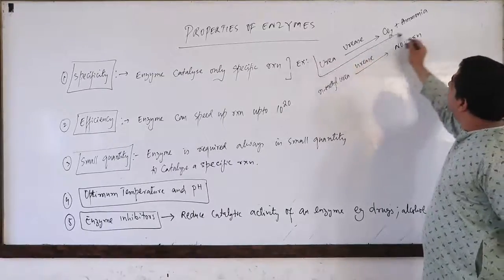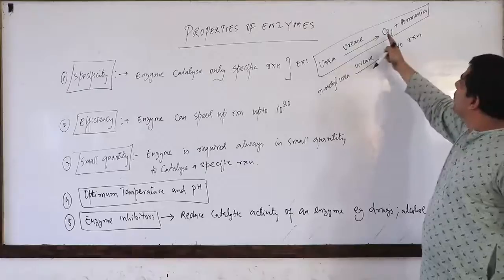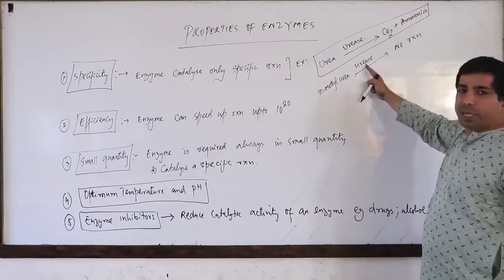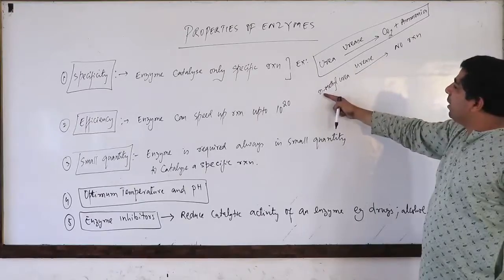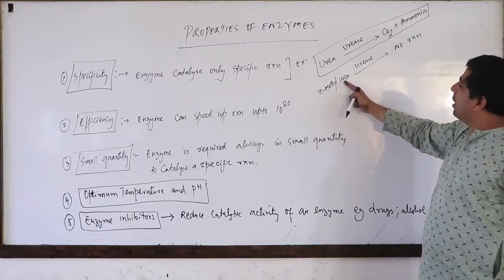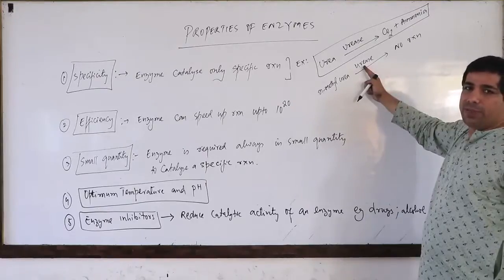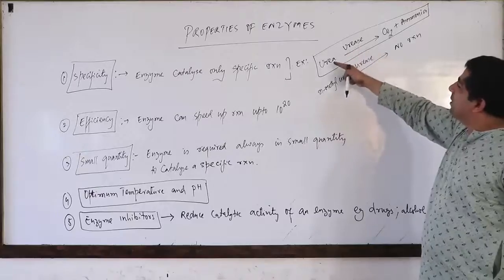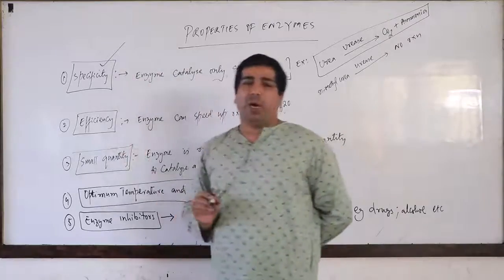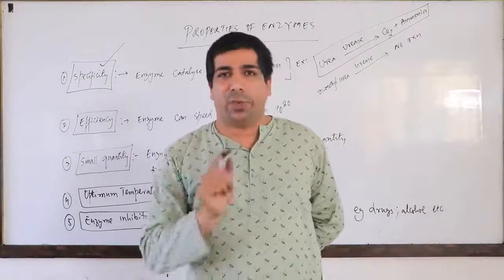Because urease enzyme can only catalyze the conversion of urea into carbon dioxide and ammonia. The urease enzyme cannot catalyze the conversion of N-methyl urea into the products. So it means N-methyl urea cannot be catalyzed. This reaction cannot be catalyzed by urease. Urease will only catalyze this reaction. That means the property of an enzyme, that is specificity, is that one enzyme can catalyze only a particular reaction, not all types of reactions. I hope you have understood.